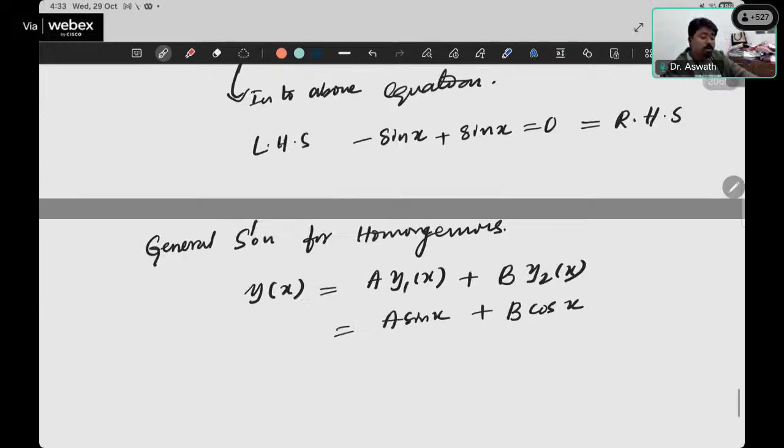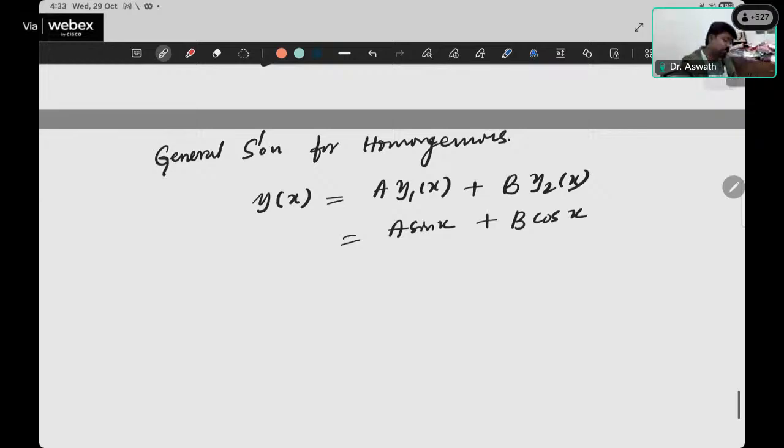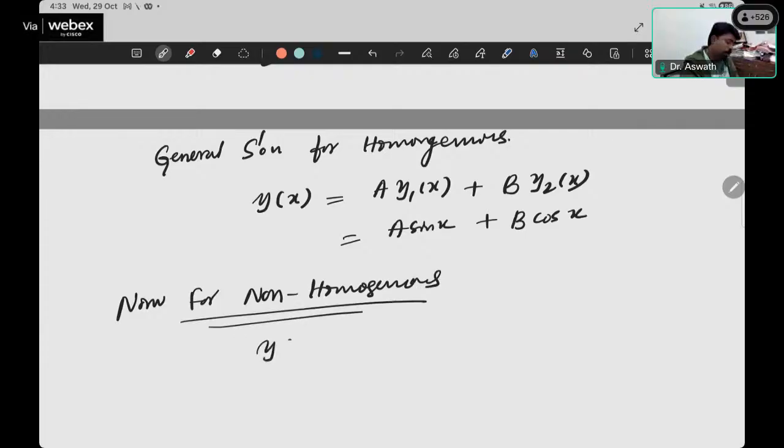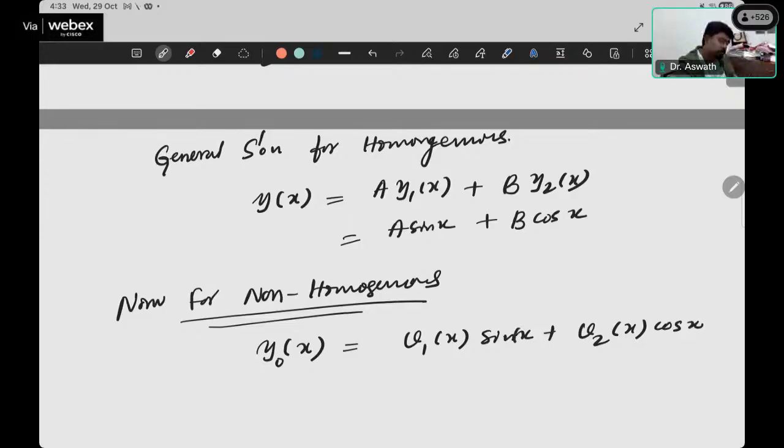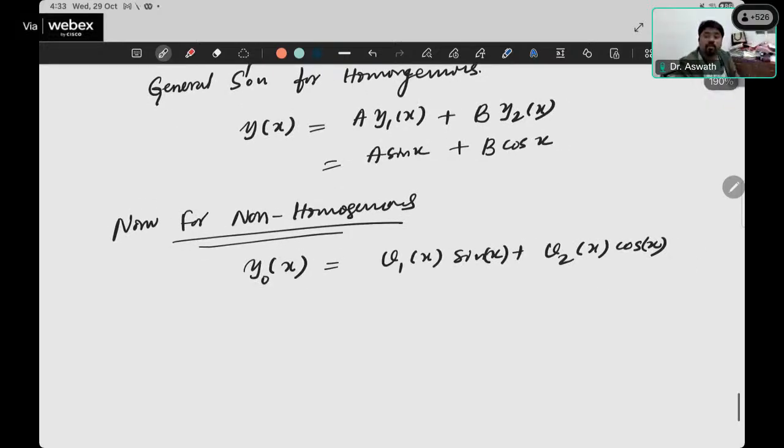But I want a solution for the non-homogeneous part. For that, the solution would be y of x with a replaced by v1 of x sin x, and b replaced by v2 of x cos x. Here v1 and v2 are functions of x that we need to find.